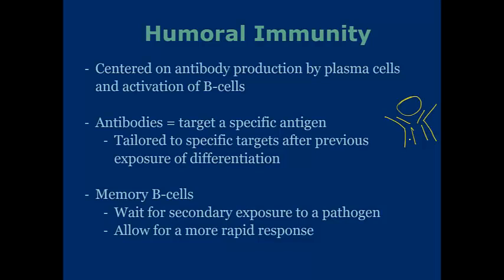And the cells in the immune system are going to remember what this is so that they can differentiate to accommodate for a later infection. This is where memory B cells come into play. They wait for secondary exposure to a pathogen and allow for a more rapid response. Because of this, a secondary infection is going to be dealt with in a much more prompt manner than a first.